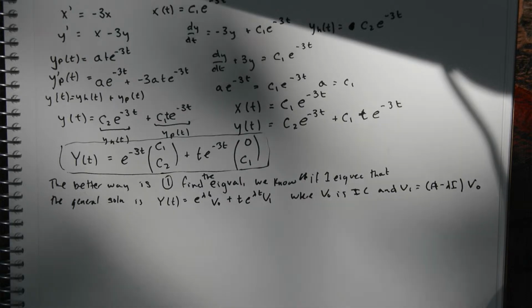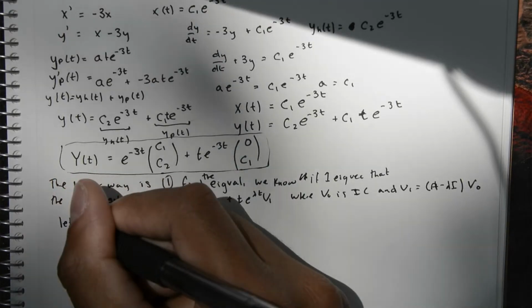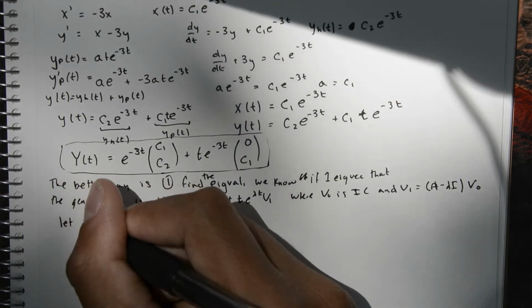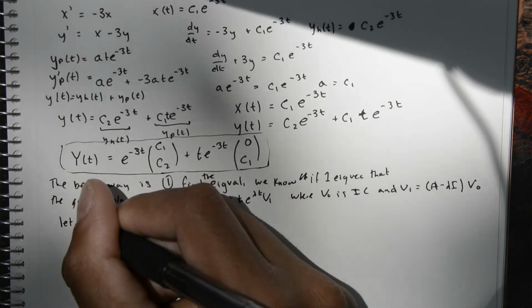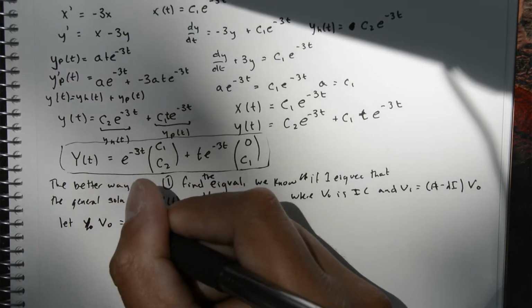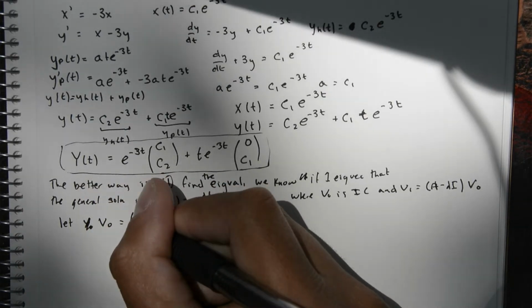Okay, so let's just do that process then. The first thing we do is we say let v0 be equal to x0, y0.